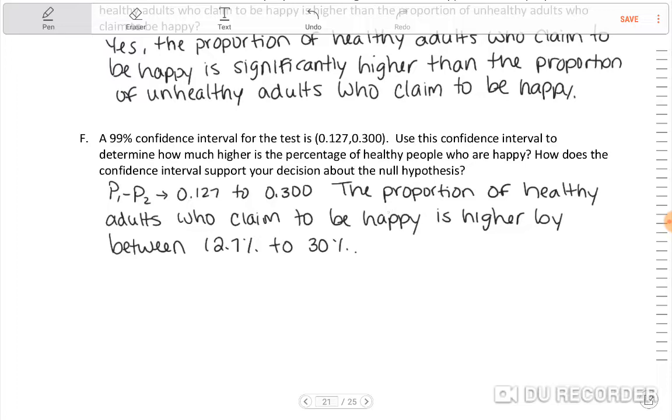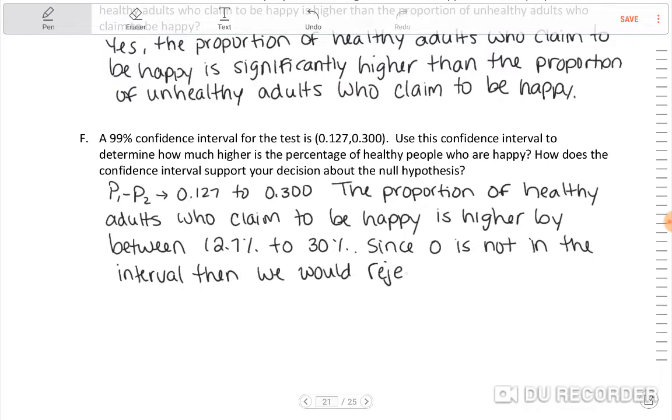Okay. What's the next thing? How does the confidence interval support your decision about the null hypothesis? I would say this agrees, since 0 is not in the interval, then we would reject the null.